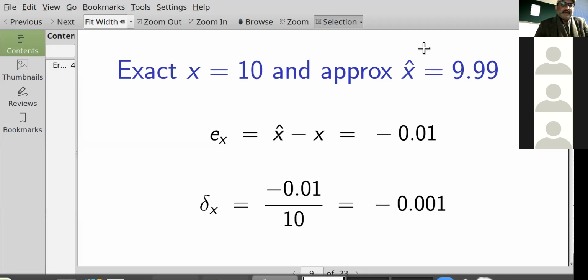And then the relative error is given by dividing the absolute error by x. In this case, that would be minus 0.01 divided by 10, and that's equal to minus 0.001.